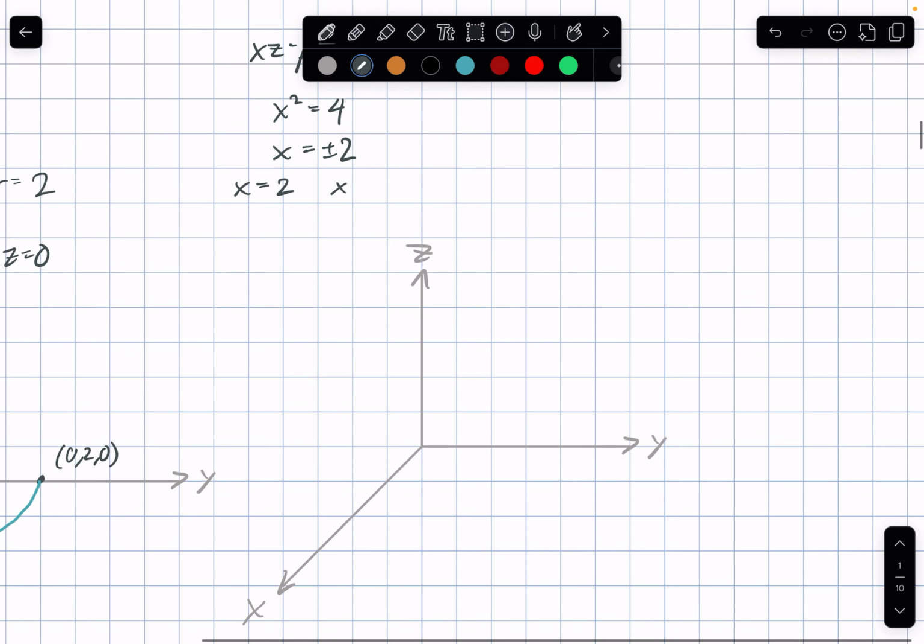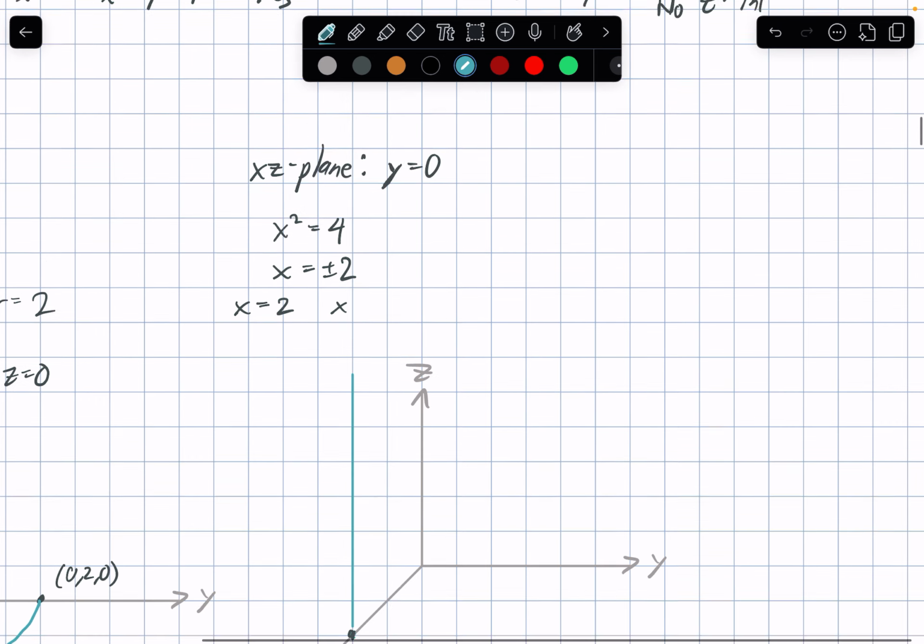XZ, right? Yeah, so it makes sense that we don't mind this region anymore. X is equal to 2. This is 2. We just draw a line.